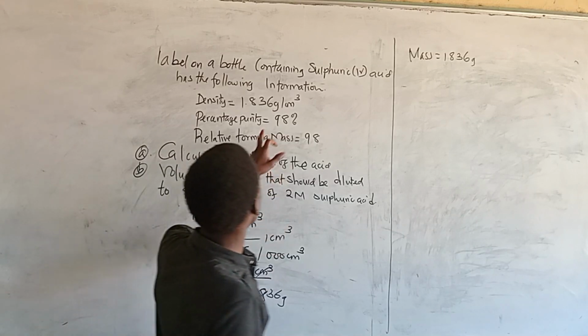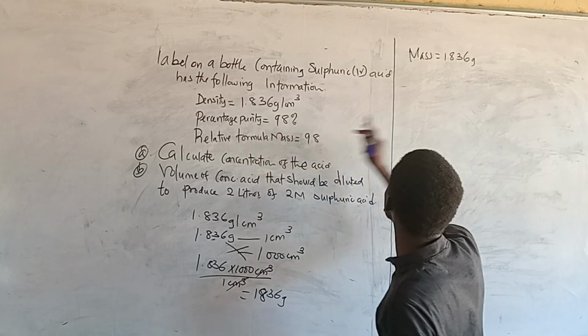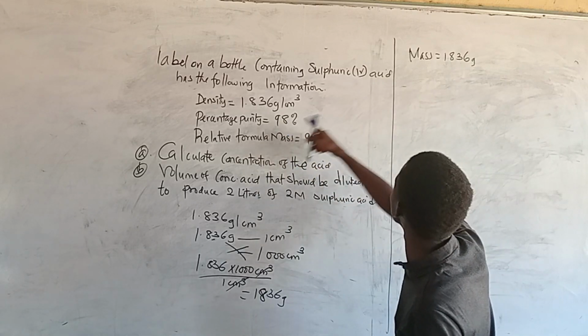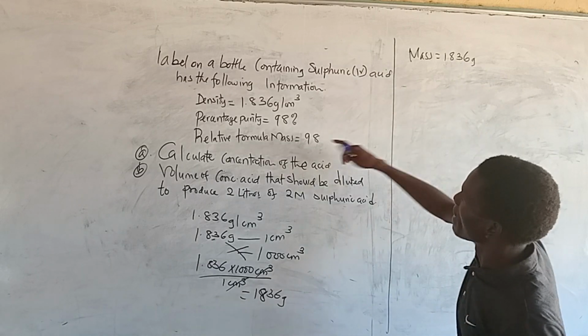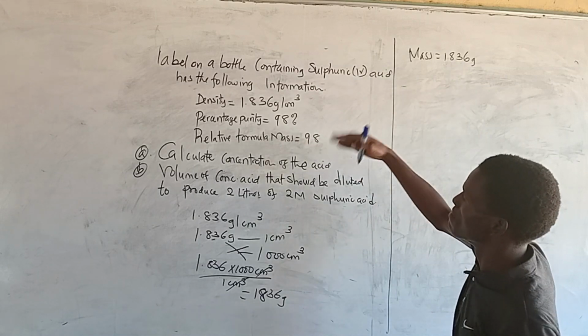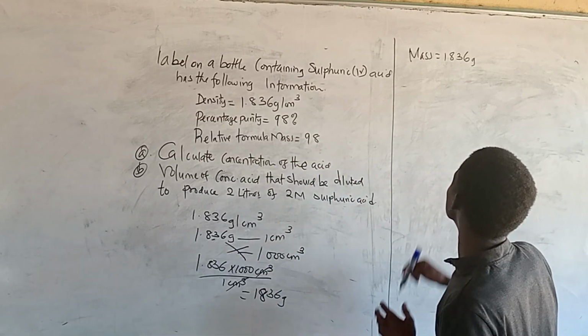So the purity of our sulfuric acid is 98%. So we do 98% of this mass, because this mass accommodates the other 2% of the impurities.